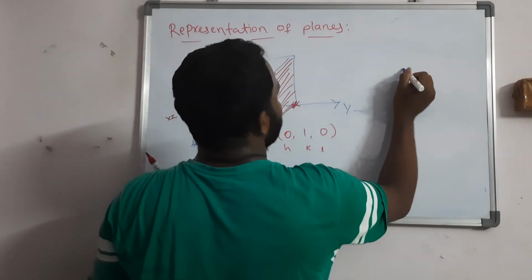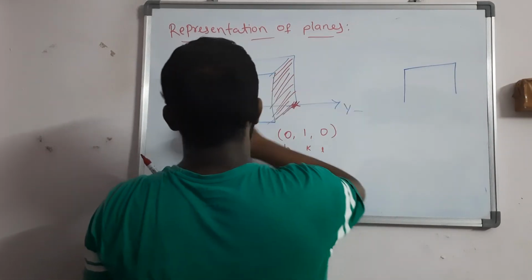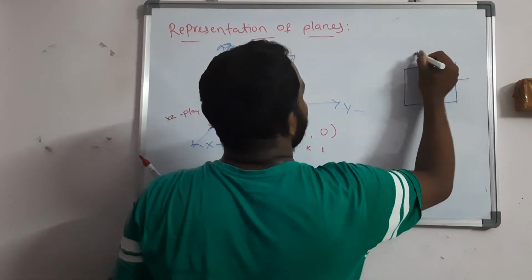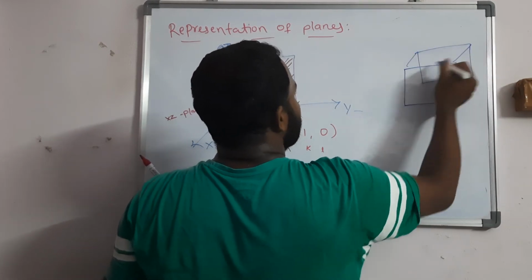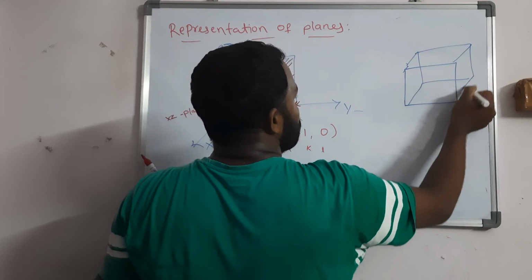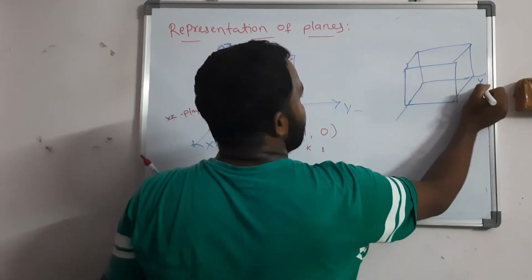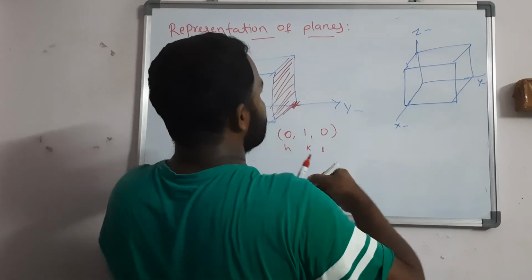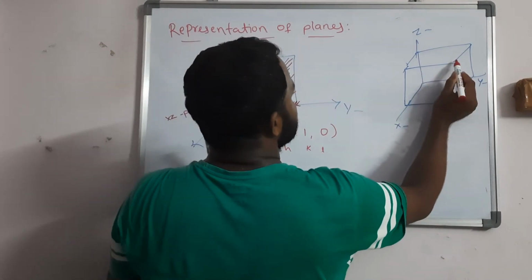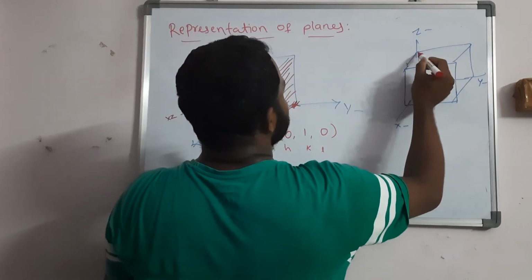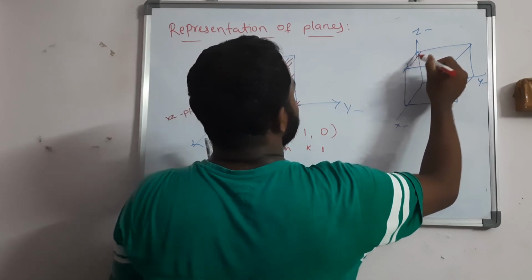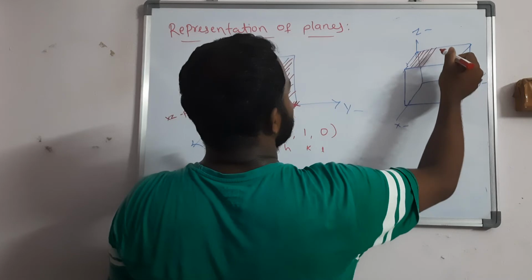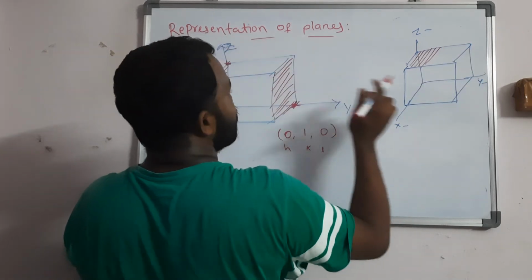Next, one more example. For the YZ plane we will discuss. This is the XZ plane. If I write the YZ plane, how is this? This is the y-axis, x-axis and z-axis. Where is YZ? Sorry, this is the XY plane. YZ we already discussed at the start.